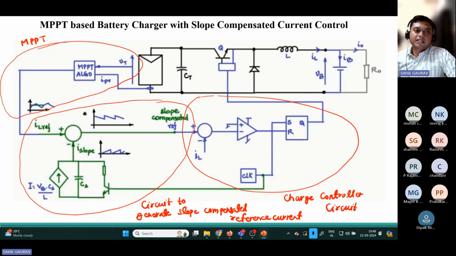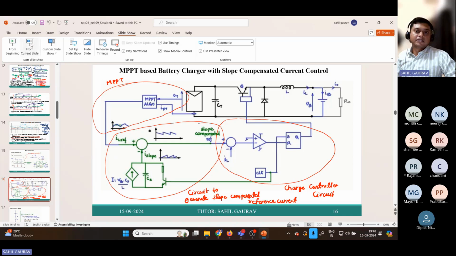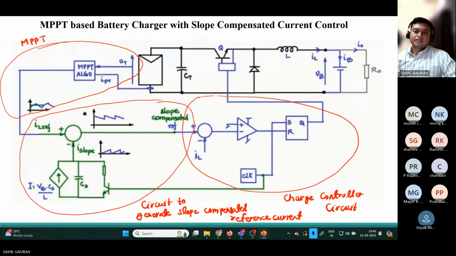From there you can get some IL difference, and this IL difference should be compensated with this slope compensated reference based circuit, and you have to pass it through this charge controller circuit. So this is the current controller circuit.